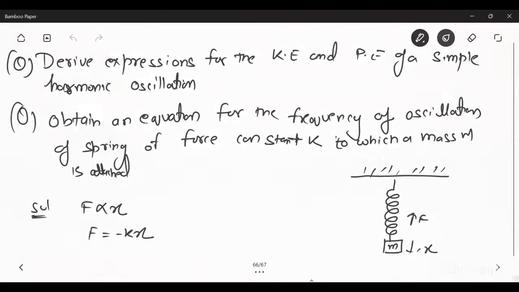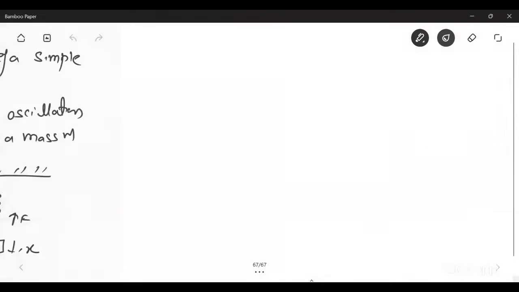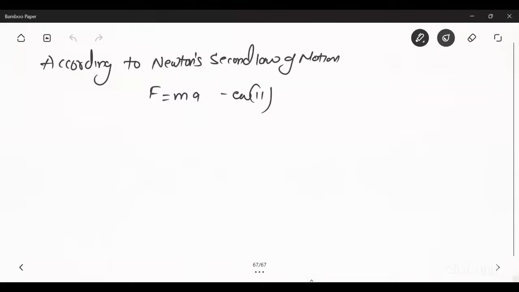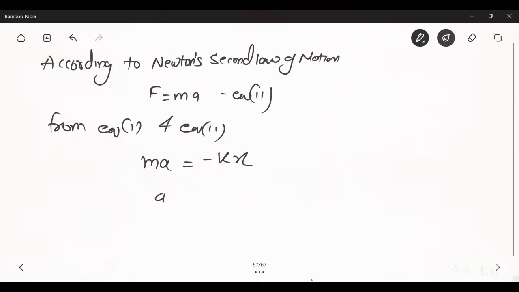From equation first and second, both have equal LHS, both are the value of force, so their RHS will be equal. So ma is equal to minus kx, and the value of a will be minus k upon m times x.